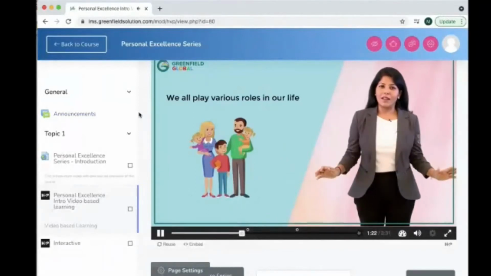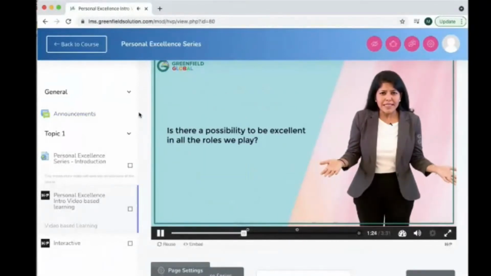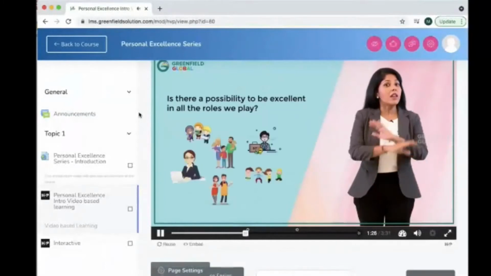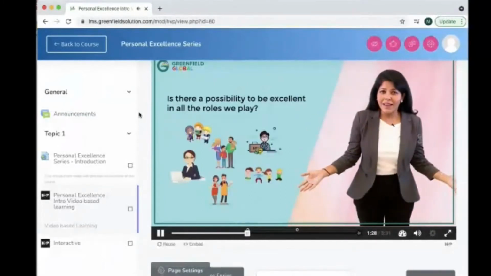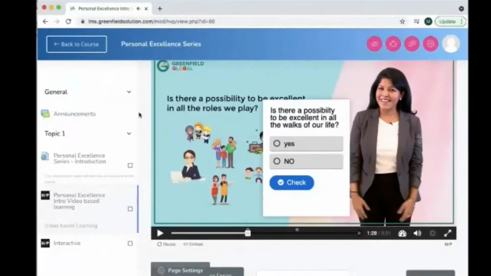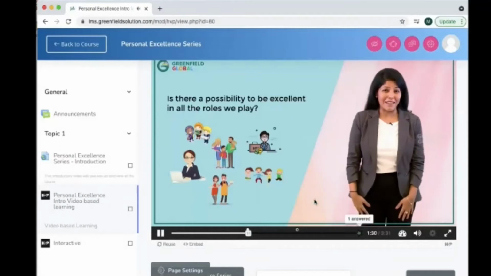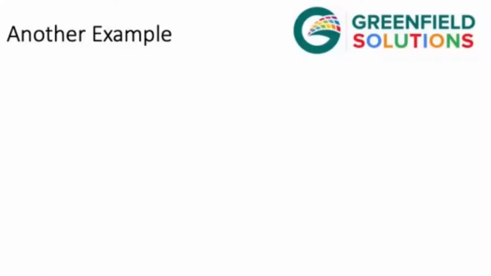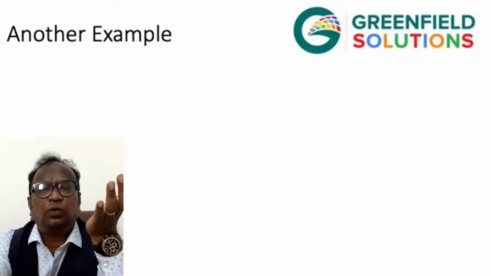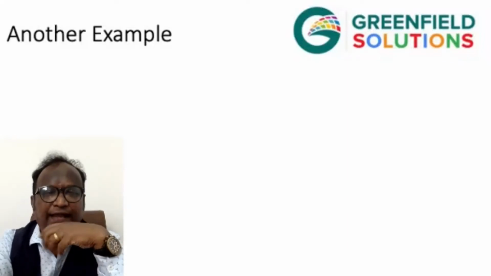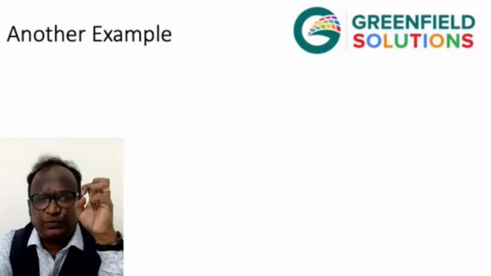And as the speaker is doing the same thing, at one point of time, you can see there is a question which comes and the audience has to respond to it. And then they continue again with the video. All right. So what does this depict? This again depicts the same concept which we discussed.